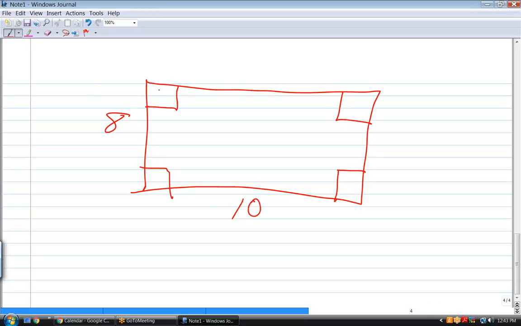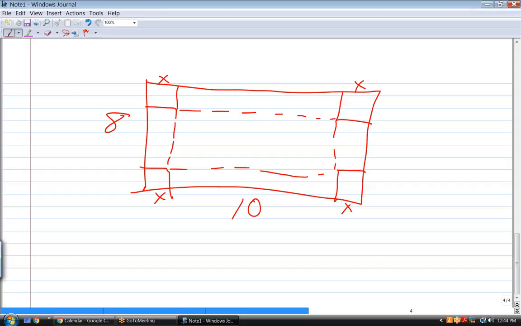We're going to cut out a square section of each corner, and then we're going to fold it up along those dotted lines, and we're going to have an open top box. Have you done this problem at all? I think so.